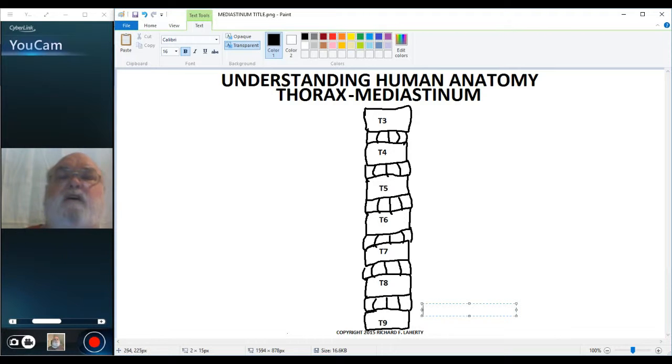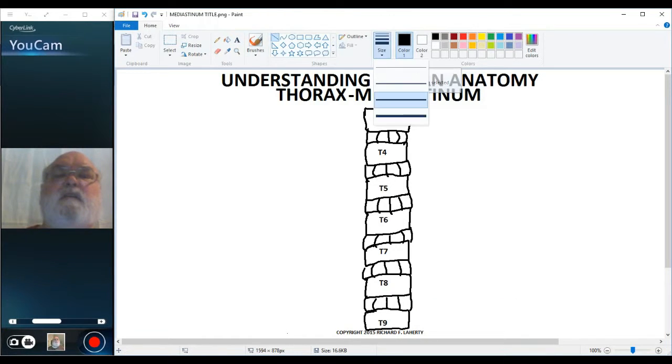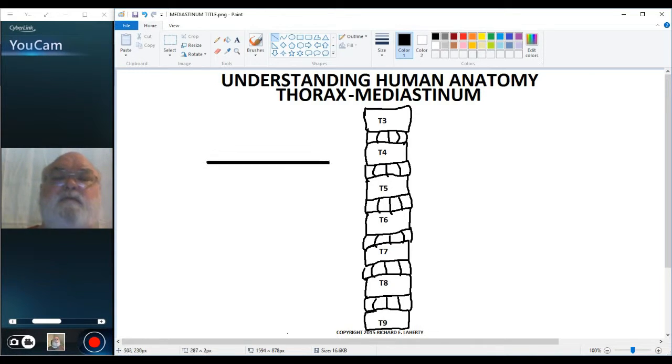Okay, and I'm going to draw one other frame of reference here. I'm going to draw a line through the bottom of T4. Right here.